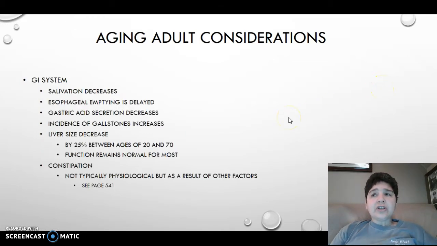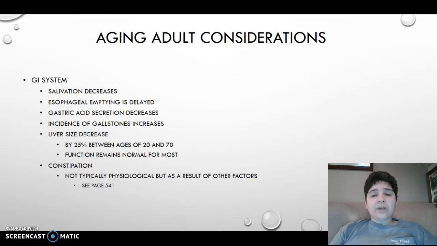When we talk about the GI system, or the gastrointestinal system, in aging adults, we've talked about this with the nose, mouth, and throat, that they don't produce as much saliva. So the salivation decreases. And we know that saliva is the first thing that helps to break down our food as soon as we put it in our mouth.